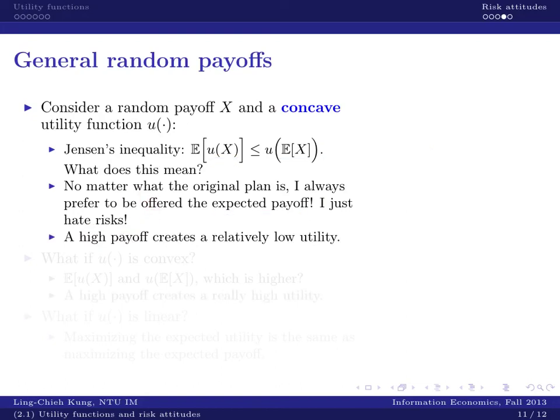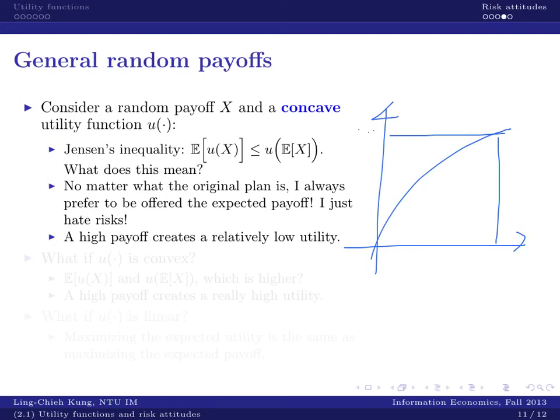Okay, and another thing is that here, when you have a concave utility function like this, that means a very high payment only gives you a not so high utility. Okay, so that's the interpretation.